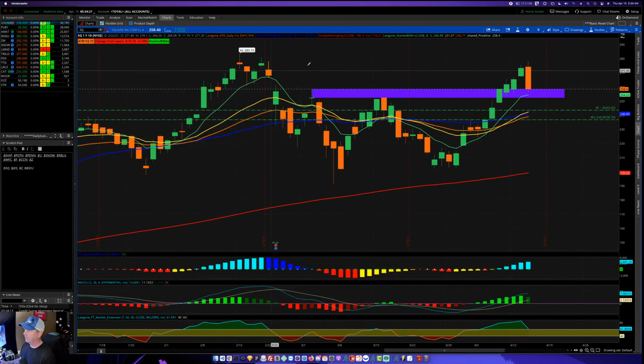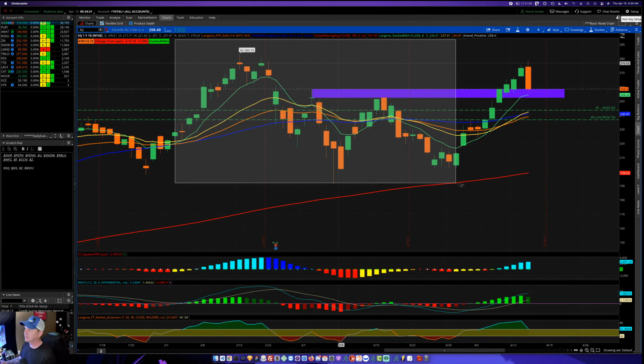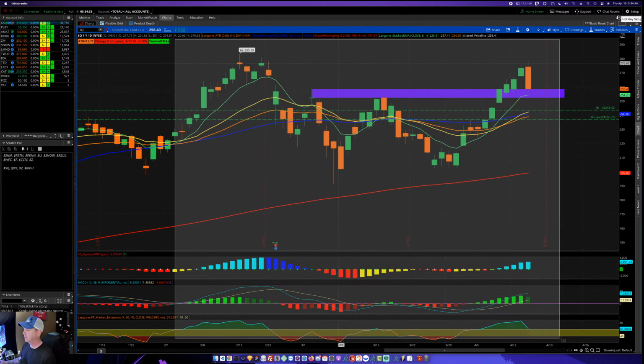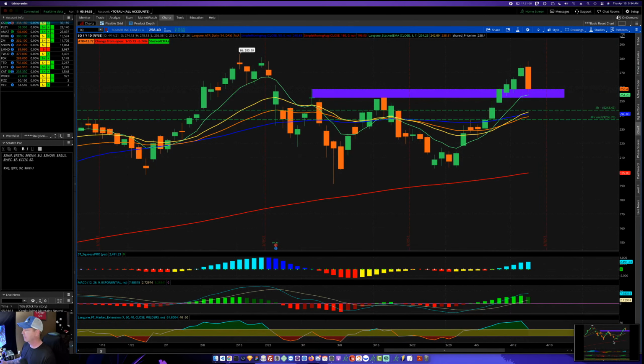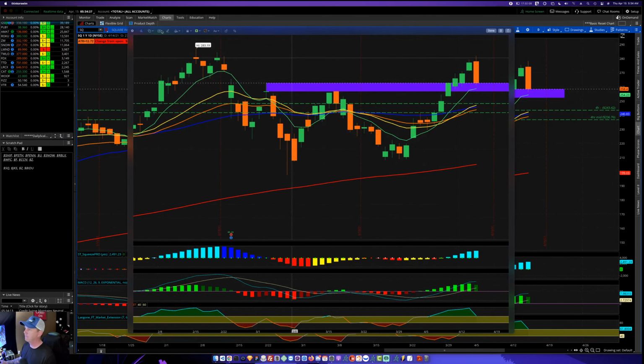We've got this nice, I'm going to do a screenshot, it's probably the easiest. We've got this nice W pattern going on, right? So double bottom.